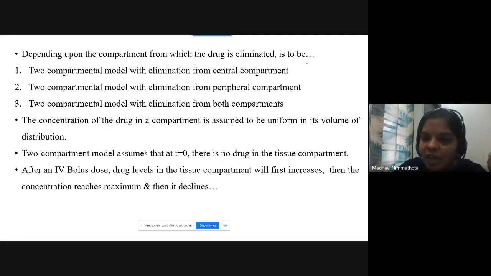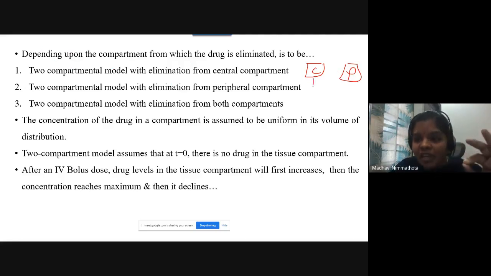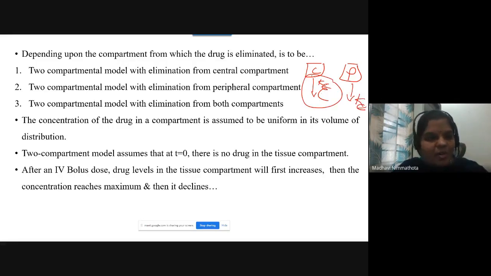Here we have two compartments, right? Central and peripheral. Majorly the drug will get eliminated from the central. In some exceptional cases, there is an involvement of the peripheral also. Here also KE is there, but the majority of the drug will be eliminated from the central compartment.